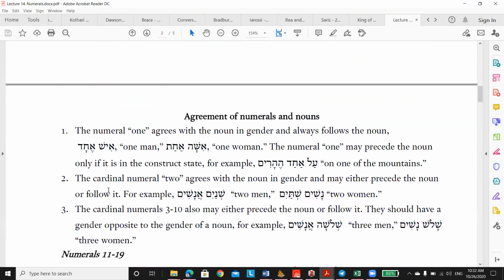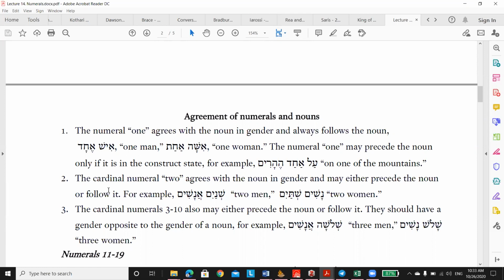So some more things about the numeral 1 and numeral 2. The numeral 1 agrees with the noun in gender and always follows the noun. You cannot say Echad Ish, but you should say Ish Echad. So it functions more or less like an adjective. The only way numeral 1 can precede the noun is in a construct state, like Achad He-harim, one of the mountains.